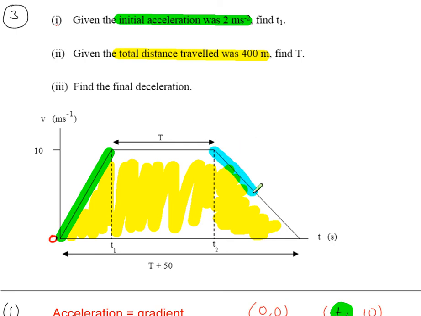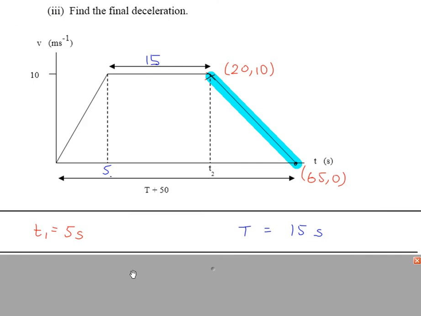The final deceleration is the gradient of this portion of this line. So far we've worked out t1, and we know the value of t here. So this 5 plus this 15 gives us a value of 20, so we know the horizontal coordinate for this point. And the vertical coordinate is 10, that's obvious from the graph, so we know the coordinates for this point.